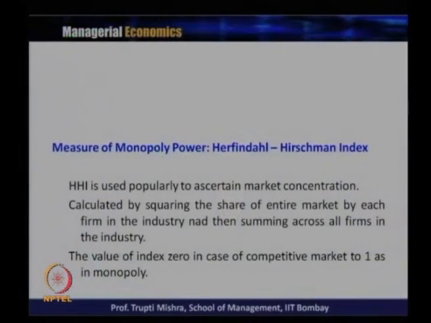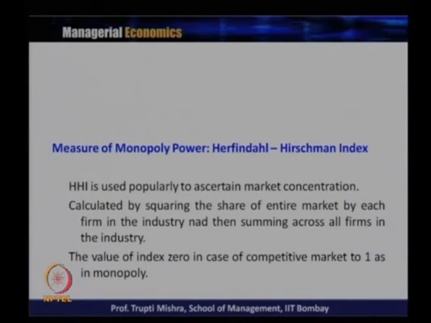Then we will take the third measure of monopoly power, which is popularly known as the HHI index, that is the Herfindahl-Hirschman index, and HHI is used popularly to ascertain market concentration. It is calculated by squaring the share of the entire market held by each firm in the industry and then summing across all firms in the industry.